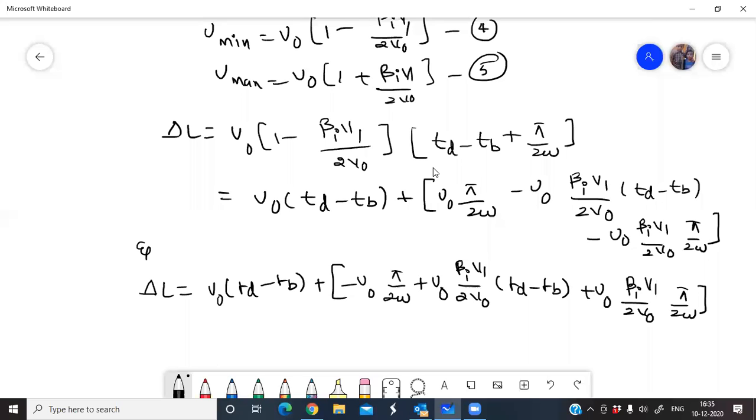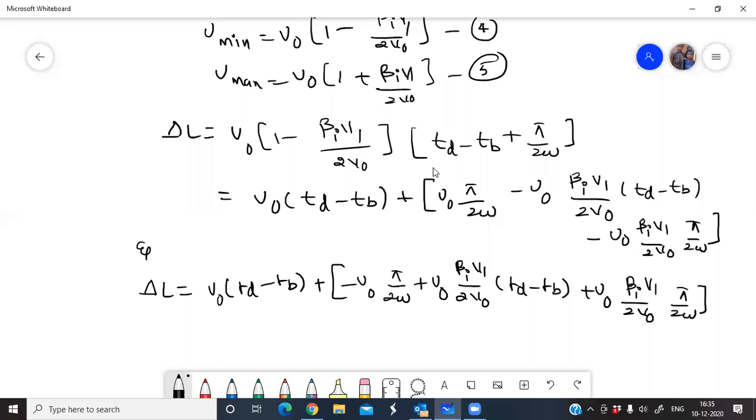Suppose the bunching occurs at time TD. At time TD, that means up to that distance the electron has to travel. Suppose few electrons travel up to point D, and some electrons travel only up to point C. What's the meaning of that? You can't get more bunching. In order to get more bunching, all the electrons have to travel the same distance.